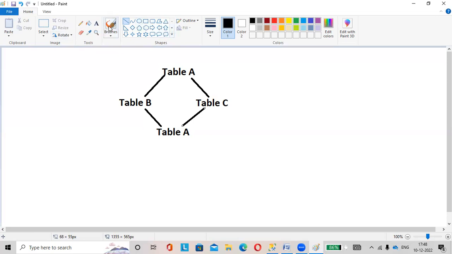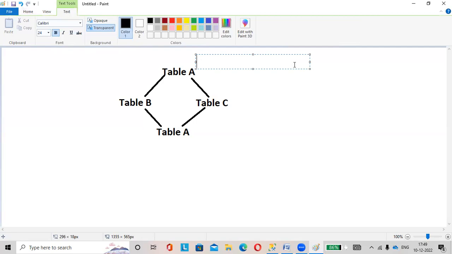It is a relation. Relation is also known as table. Relation or table with joint dependency. Is it clear?